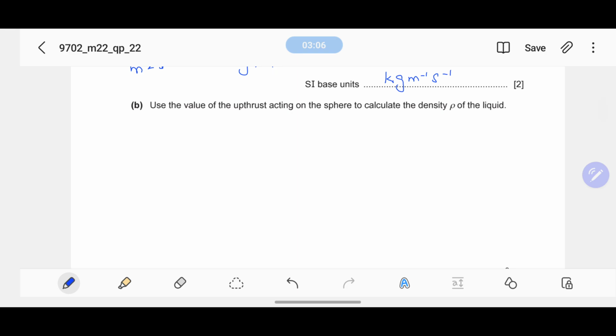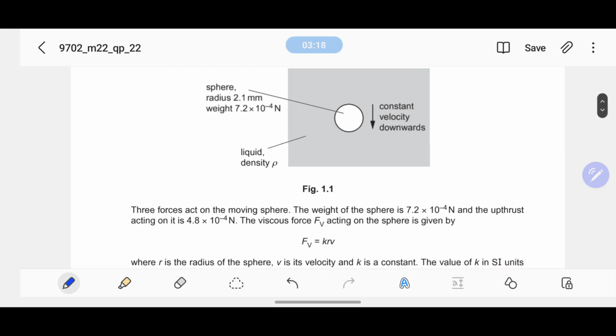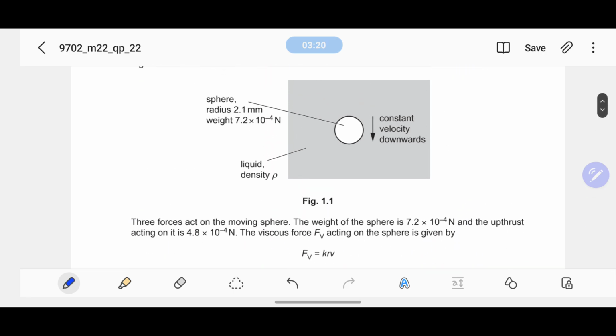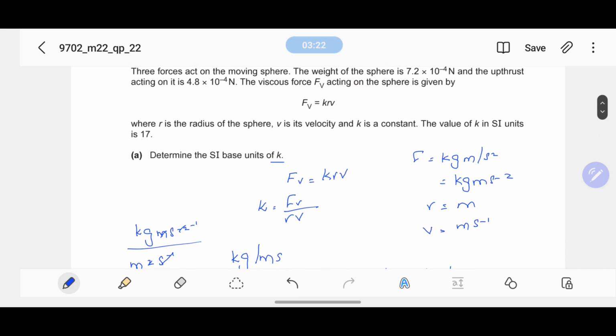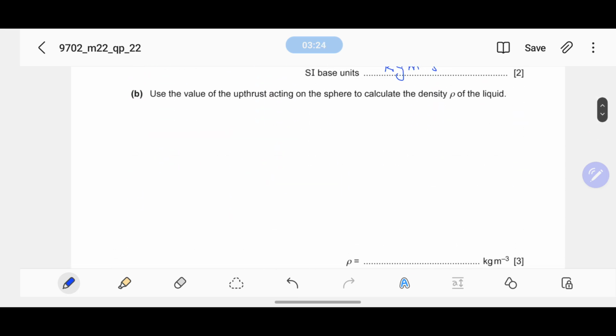The next thing is, use the value of the upthrust acting on the sphere to calculate the density rho of the liquid. Right now I do not know the value of density, but I have some formulas from which I can deduce it. Number one is density equals mass over volume, but I do not know the volume.